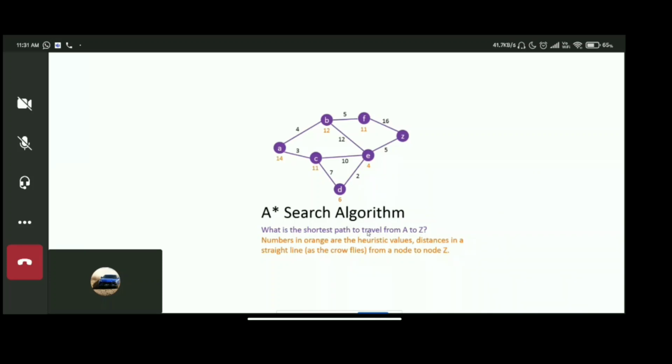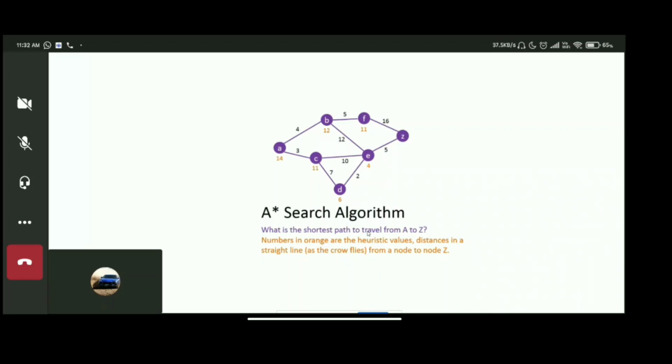So g of n is represented by black values and h of n by orange values. You will be asked to solve this problem and find the shortest distance with the help of the A-star search algorithm.